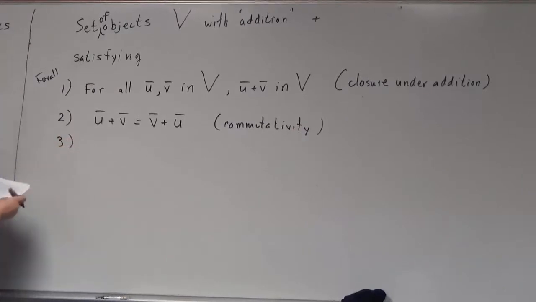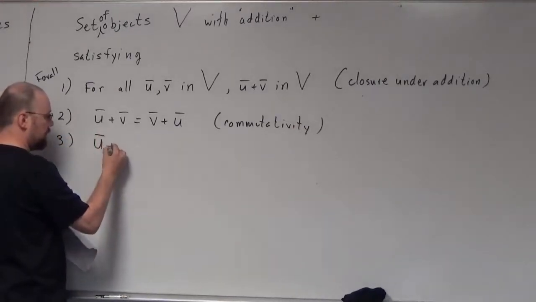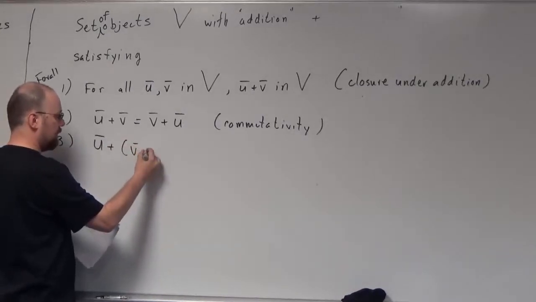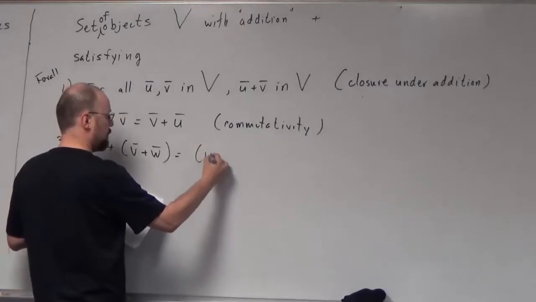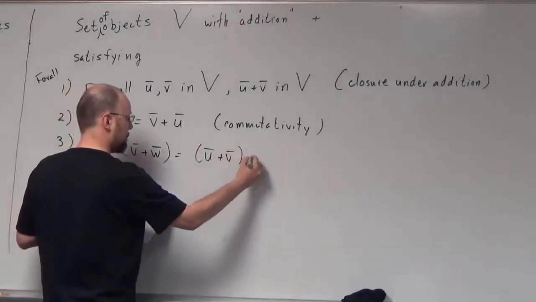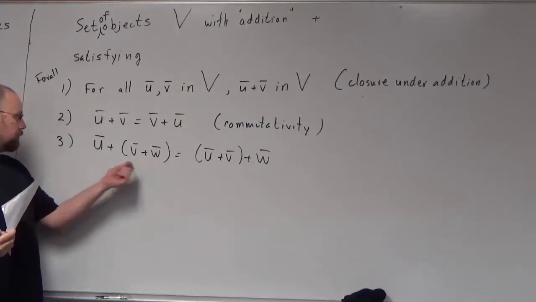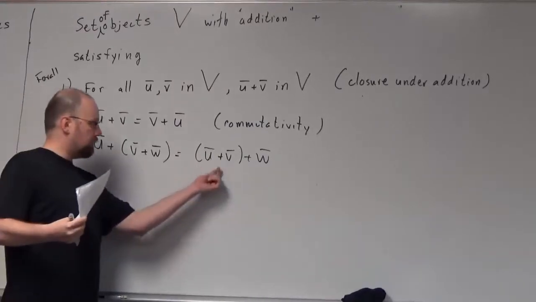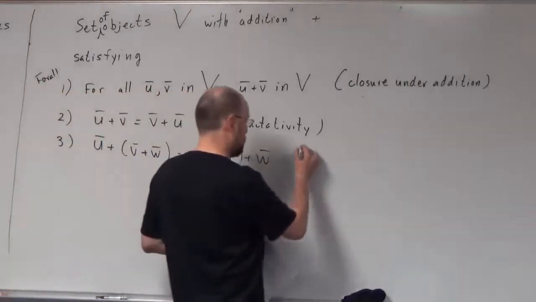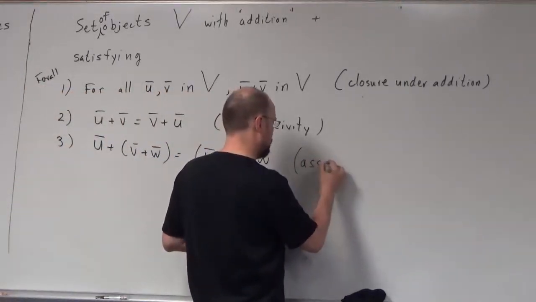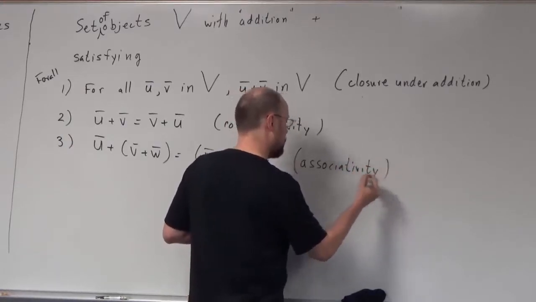Third, we have associativity. This is very familiar if you know the properties of real numbers. It doesn't matter whether you add these two vectors first and then add to u, or these two first and then add to w. That's called associativity. This is true with number addition as well, so this shouldn't be a foreign property.